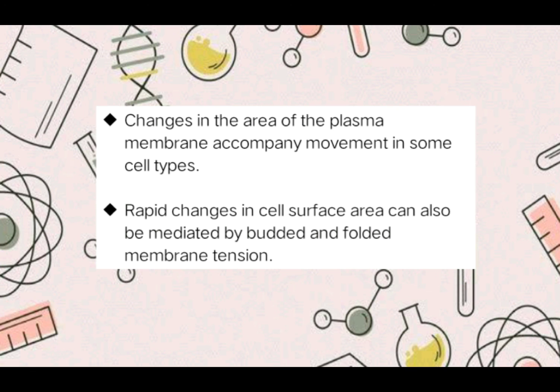In keratocytes, membrane area remains fixed and the membrane seems to be stretched taut around the cytoskeleton, imposing constraints on shape and movement. The rapid changes in cell surface area can also be mediated by budded, unfolded membrane domains that act as a membrane reservoir and enable cells to respond to sudden changes in membrane tension.